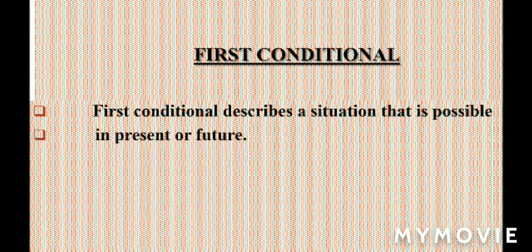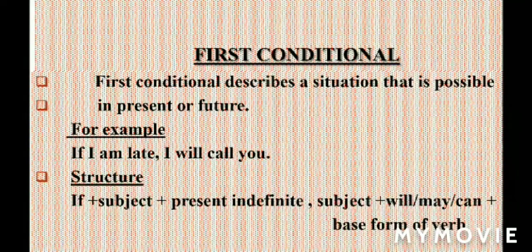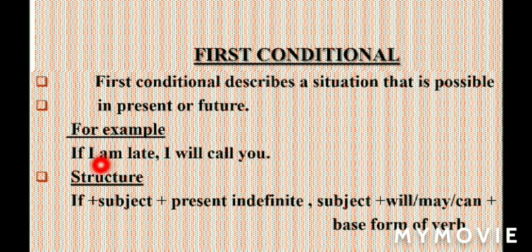First conditional describes a situation that is possible in the present or future. It is called open condition as well. For example, if I am late, I will call you. So keeping in mind the example, what is the structure? Structure of the if clause is if plus subject plus present indefinite.